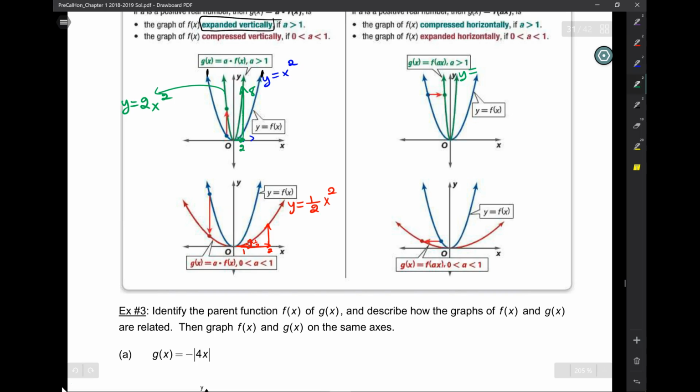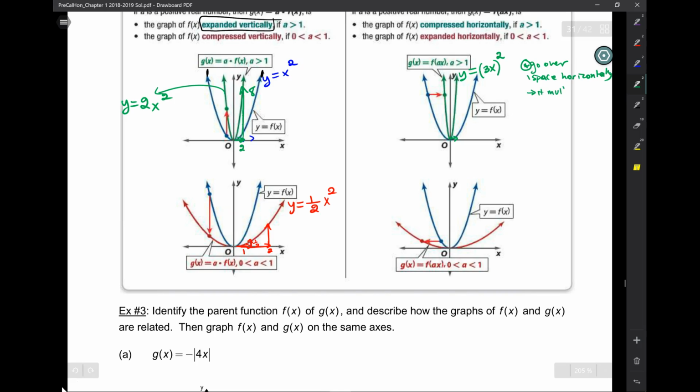What if you have y equals 3x squared? What happens now? If you go over 1 space horizontally, the function multiplies that by 3, then squares.